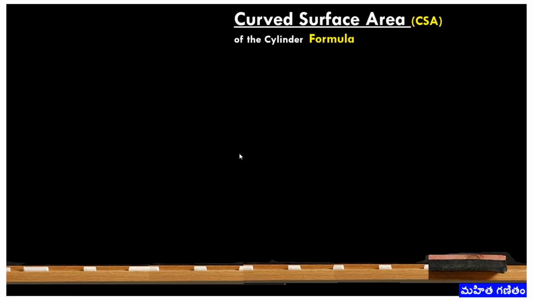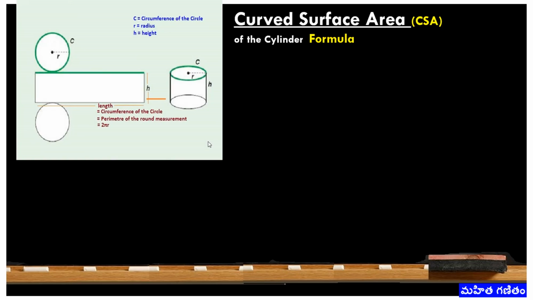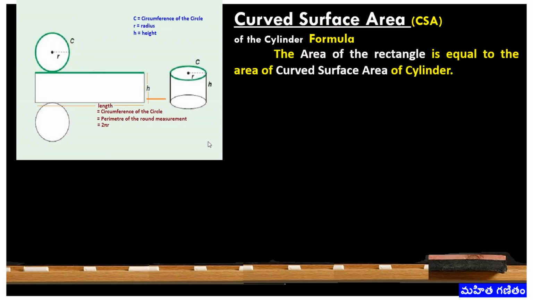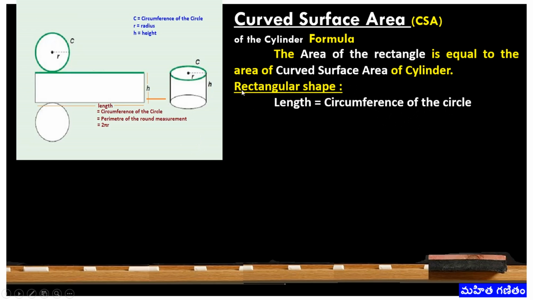Today, we want to find the curved surface area of the cylinder formula. The area of this rectangle is equal to the curved surface area of the cylinder. Take this rectangular shape. Length is the circumference of the circle, that is 2 pi r.